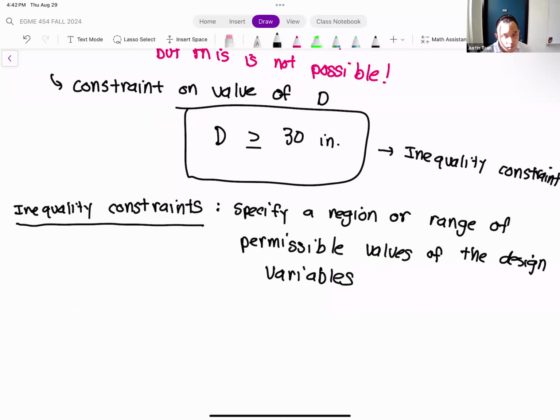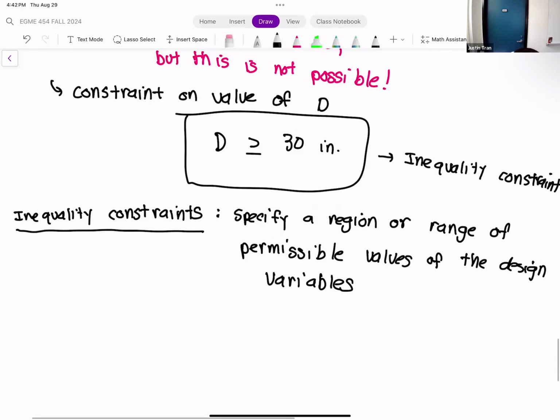Okay, and so if you recall back from our formal definition of an optimization problem, we had one constraint that was g less than or equal to 0. So that expression there is the inequality constraint. The reason in the formal definition we have less than or equal to 0 may seem strange, just because we may not know exactly what the range is. In fact, the example that I have boxed up there is greater than 30, right?